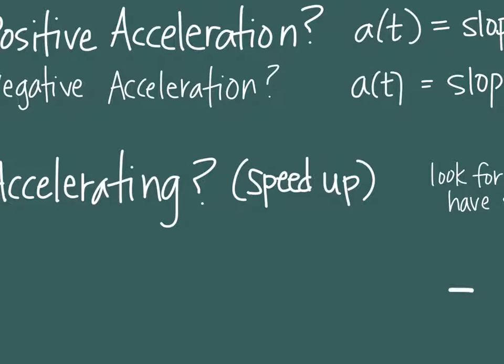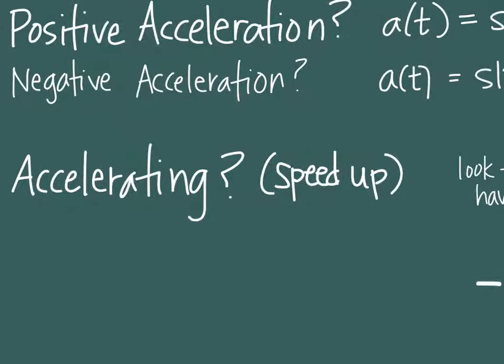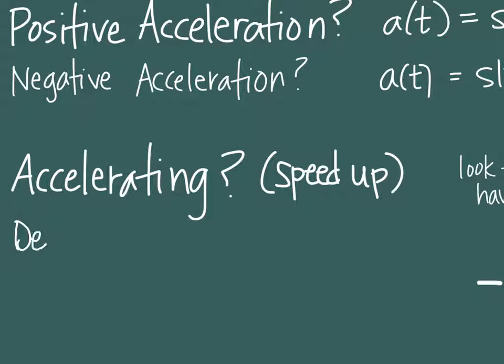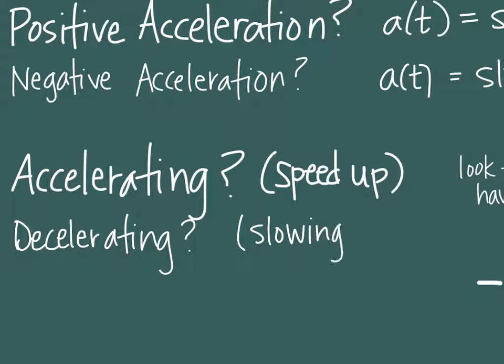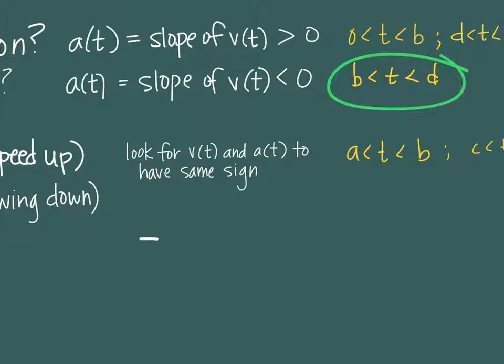And so that's going to be the feeling of decelerating, which is slowing down. All right, and so that was from 0 to A, from B to C, and from D to E.